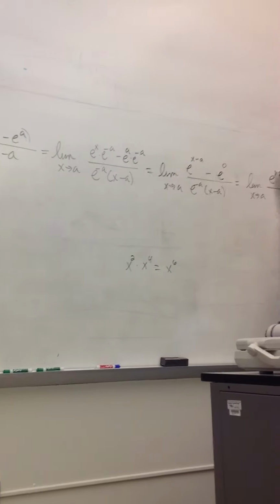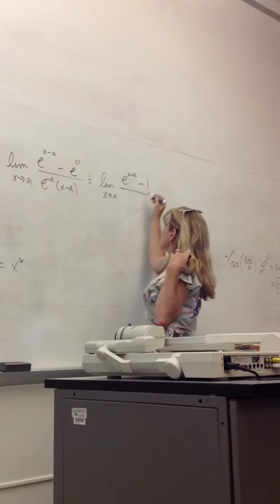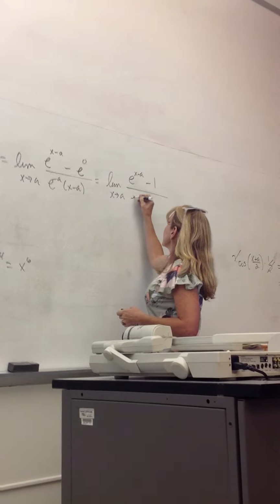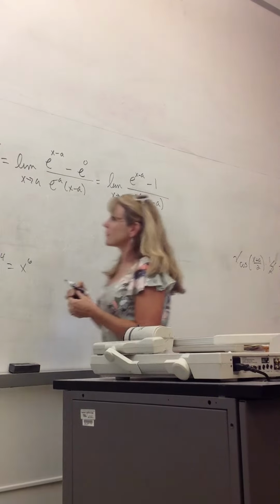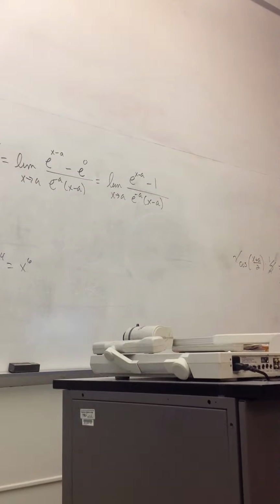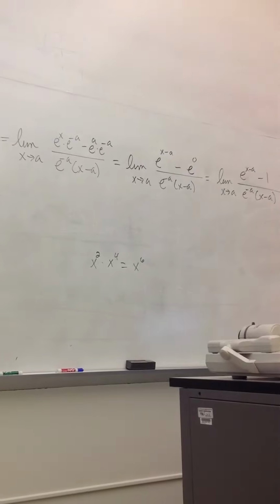So I get e to the x minus a minus 1 over e to the minus a times x minus a. And I'm going to break that up also.